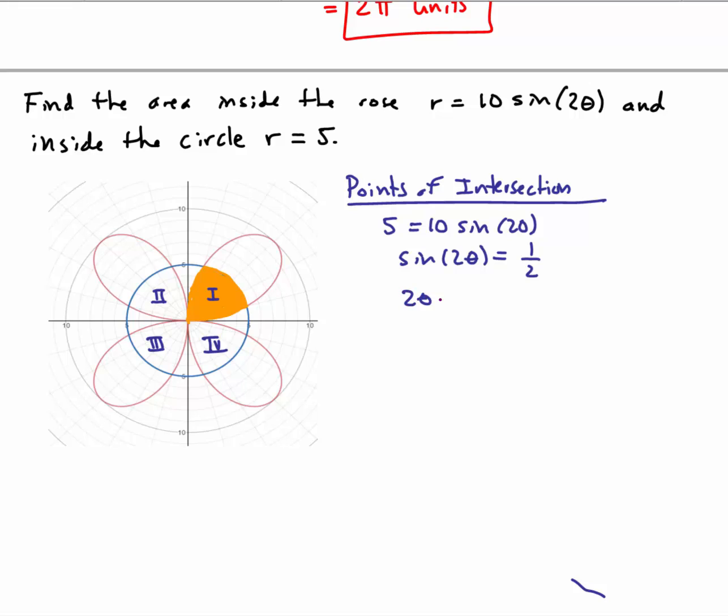So that would be where 2 theta was equal to pi over 6 and where 2 theta would equal 5 pi over 6. So solving for theta, I get theta equal pi over 12 and theta equal 5 pi over 12. Okay, so that's kind of where we're starting at. Let's go ahead and find this pi over 12 and 5 pi over 12 on our graph.